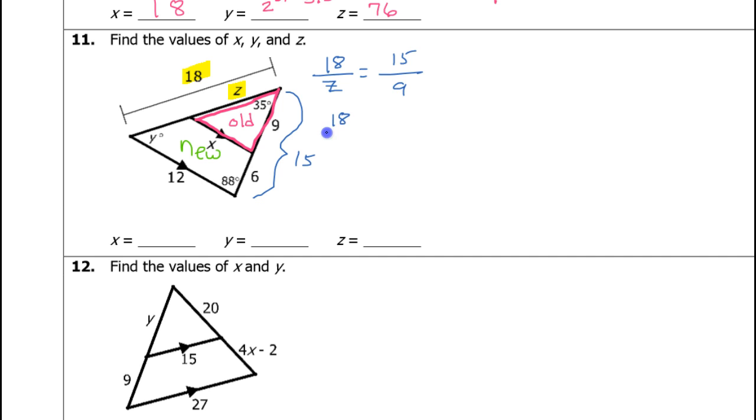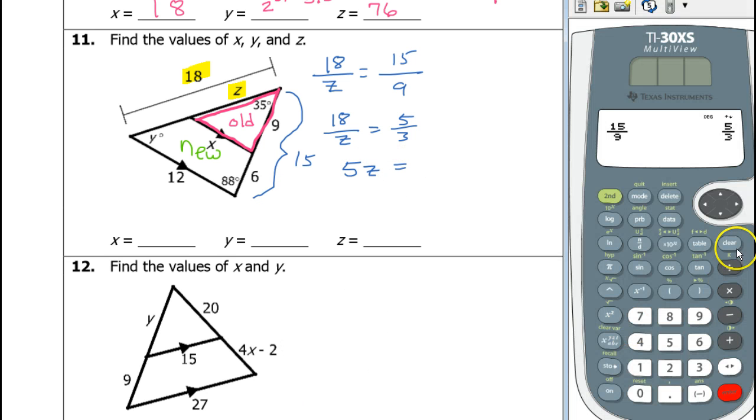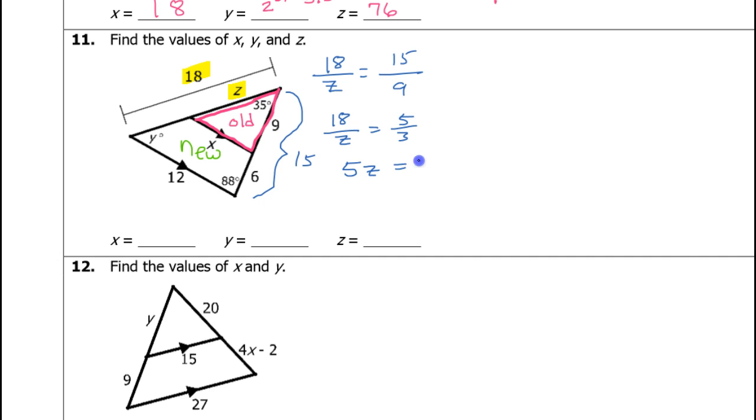15 over 9, that's 5 over 3. So I have 18 over z is equal to 5 over 3. And then I will cross multiply. So this is going to be 5z is equal to 54.